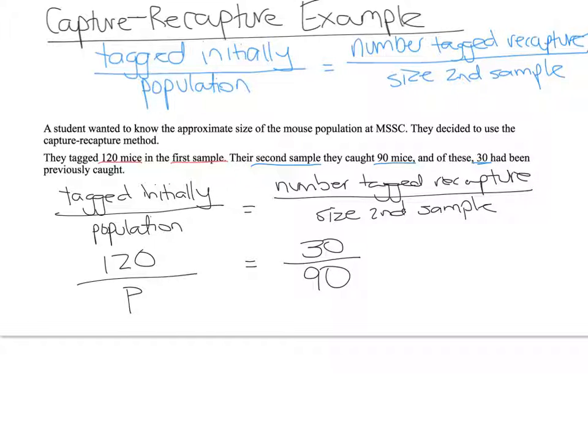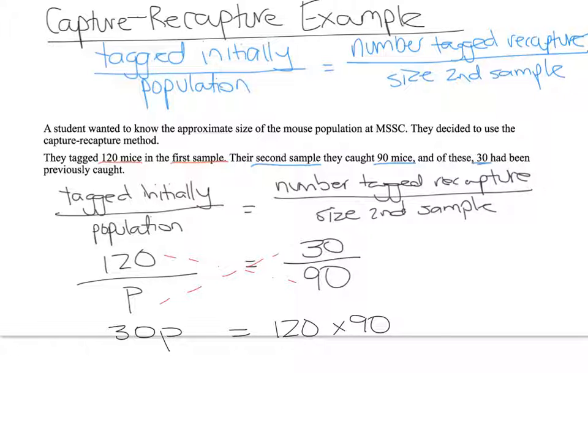So, what do we do there? Okay, so the easiest way to do this is to cross multiply. So that means this one by this one and this one by this one. So I'll just dot that in. We just cross multiply. So that will become 30 times P and 120 times 90.